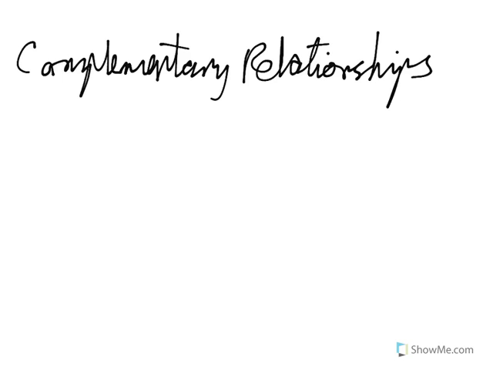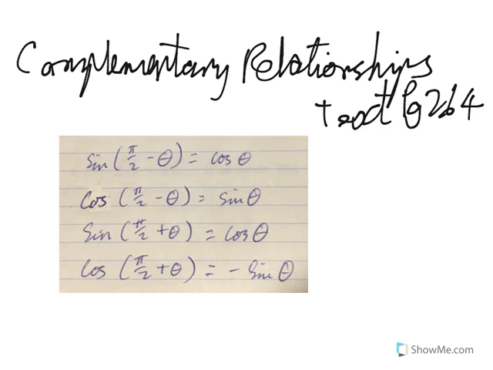So the complementary relationships are the relationship in a quadrant of sine and cos. Now, there are more details in your text on page 264 about it, so you can look at that if you want. However, the relationships are these. So there are the relationships between sine and cos, the complementary relationships.